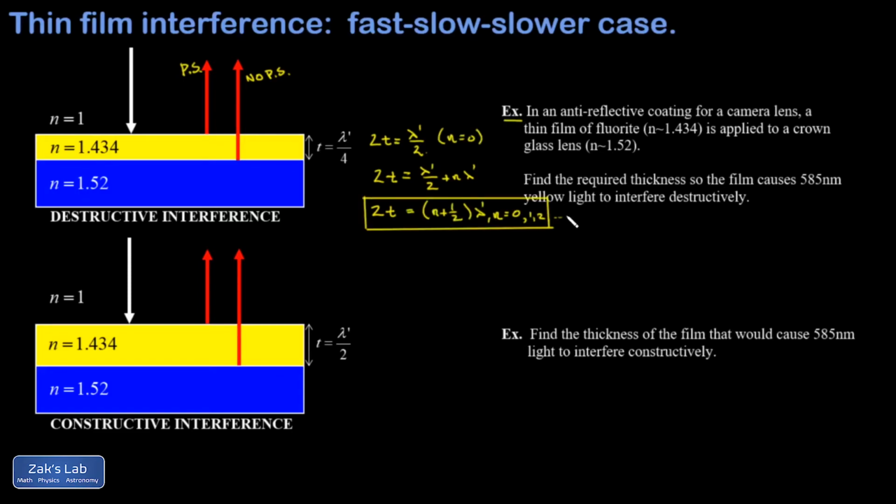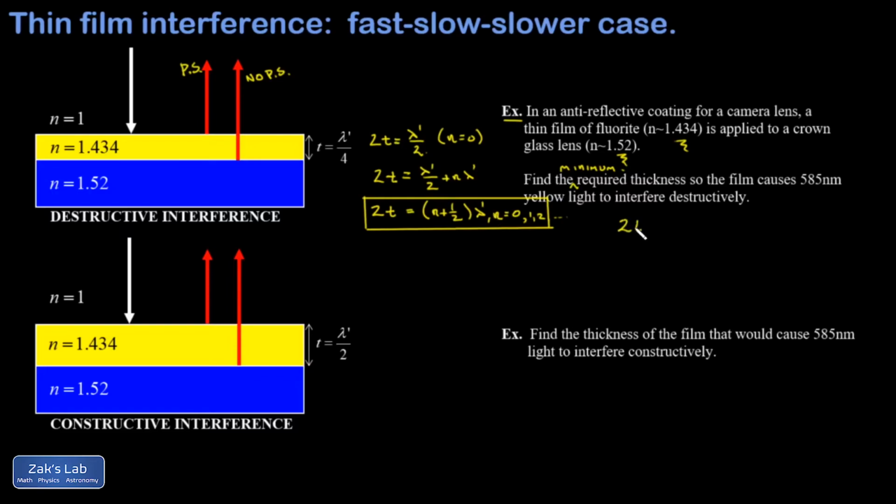In our example, we're told the anti-reflective coating for a camera lens has a thin film of fluorite applied to crown glass, and we want the required thickness so the film causes 585 nanometer yellow light to interfere destructively. Well, there are many thicknesses that could get this done, so I suppose the one we're interested in is the minimum required thickness so the film causes this destructive interference. So that's the n equals 0 case in our formula.